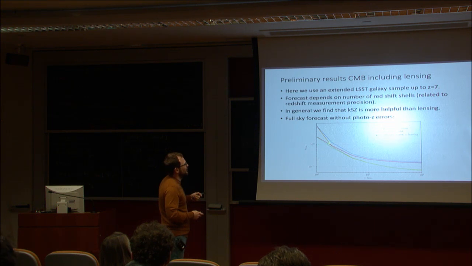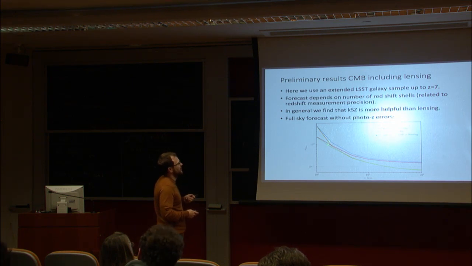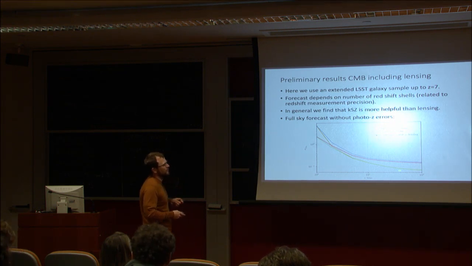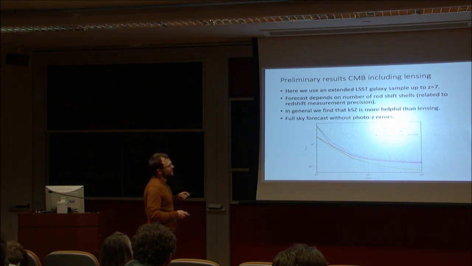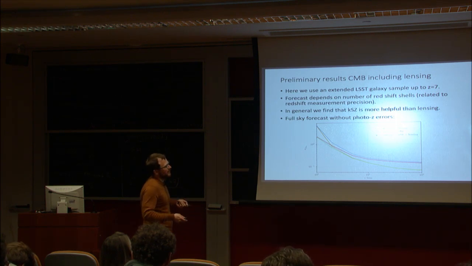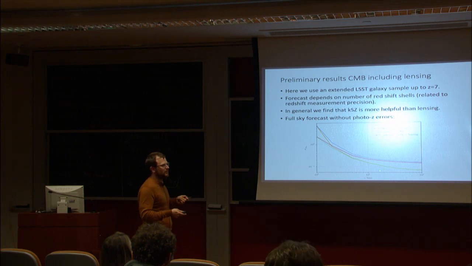lensing does give you a big improvement over galaxies only. But when you use more redshift bins, and in principle you should have the redshift resolution to go in this range here or so, then it turns out that in total galaxies plus KSC, the galaxies are the dominant signal. So then lensing does not really seem to contribute much anymore with these parameters.